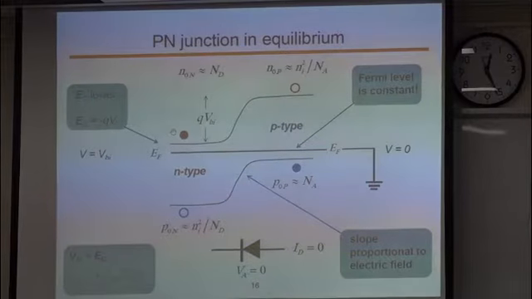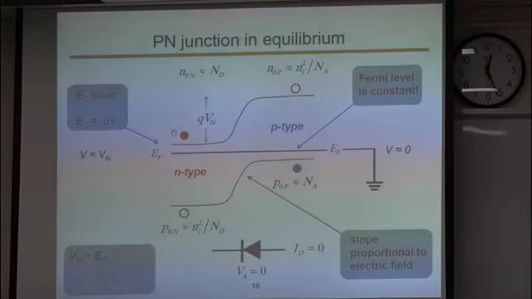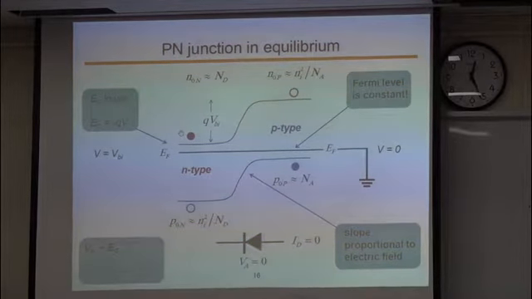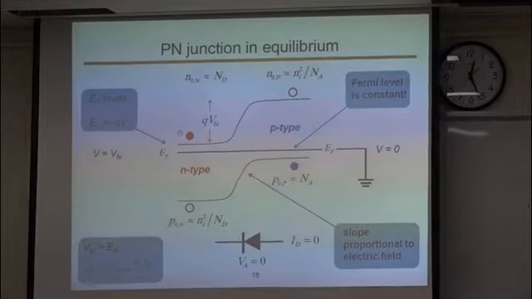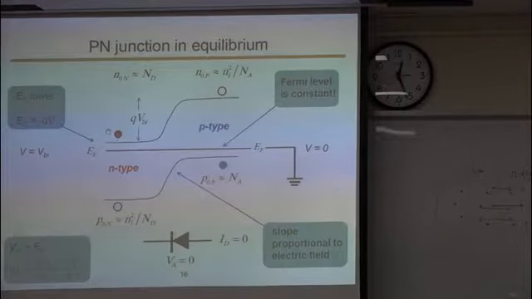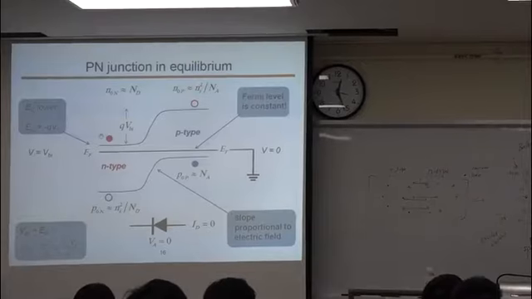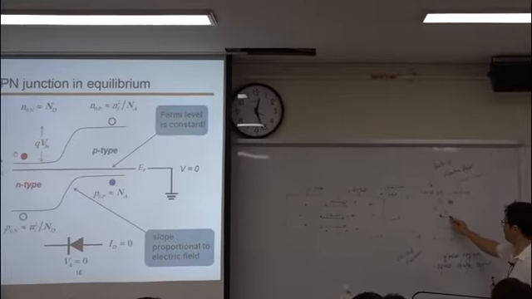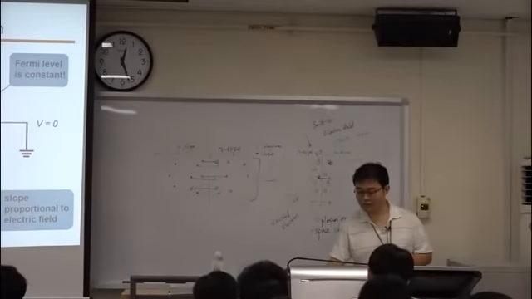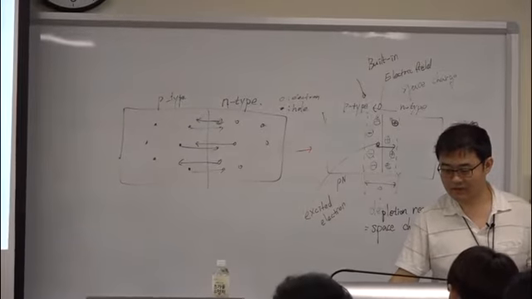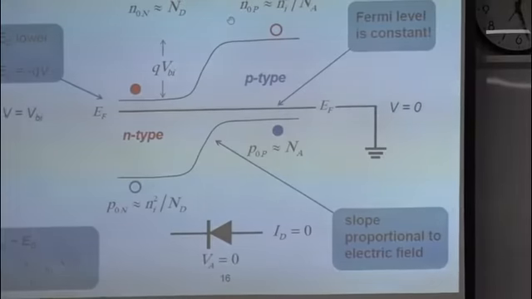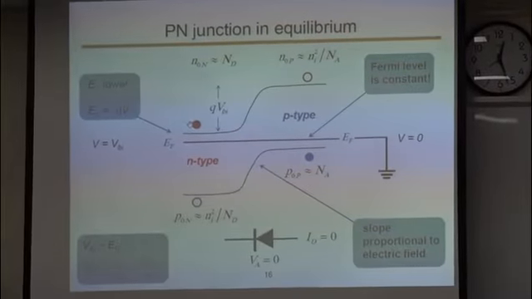Okay, so let's say we have one excited electron here, generated by solar light. Then the electron will move to the n-type because it has positive charge there. And based on this energy barrier, energy difference, we can easily expect the electron to move from p-type to the n-type, right?